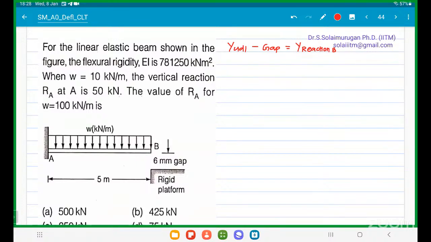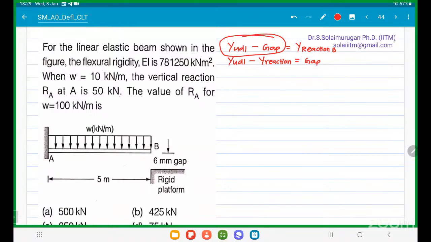What is the modified one? Y UDL minus Y reaction equal to gap. This is for understanding purpose. Why are you writing this? What is the meaning of this?